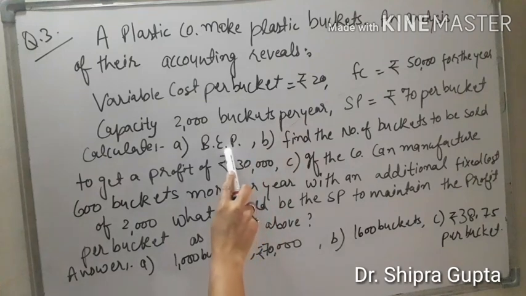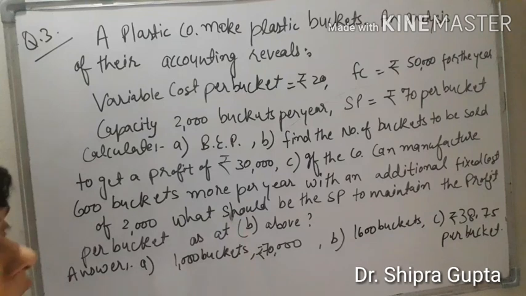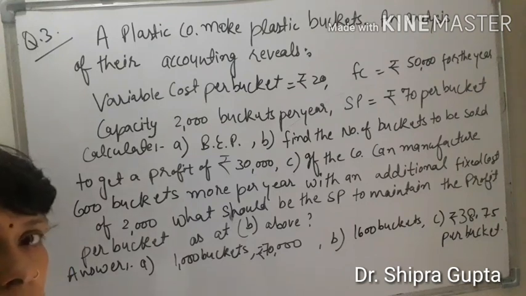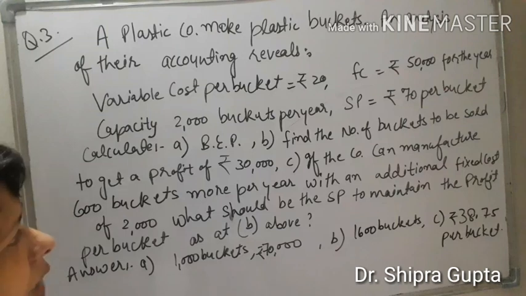Then you can calculate the break-even point in terms of units, meaning buckets, and to find it in terms of rupees, you can multiply by selling price, meaning fixed cost upon S minus V multiply S. Both answers are given: first in units 1000 and in rupees 70,000.